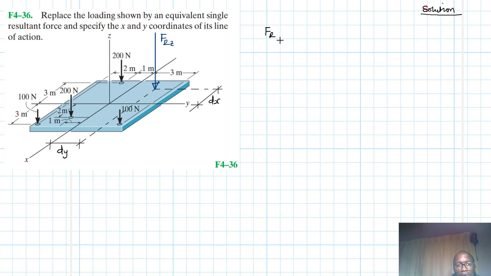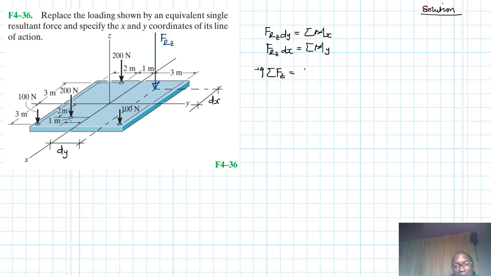The moment being produced by FRZ times dy should be equal to the summation of moments due to the forces about the x-axis. And the moment being produced by FRZ by dx should be equal to the summation of moments about the y-axis.